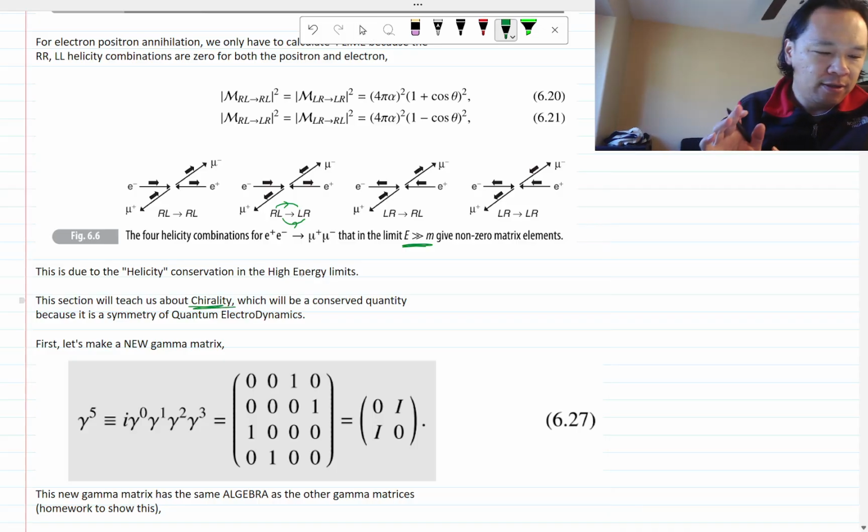Helicity is still kind of a physical word.